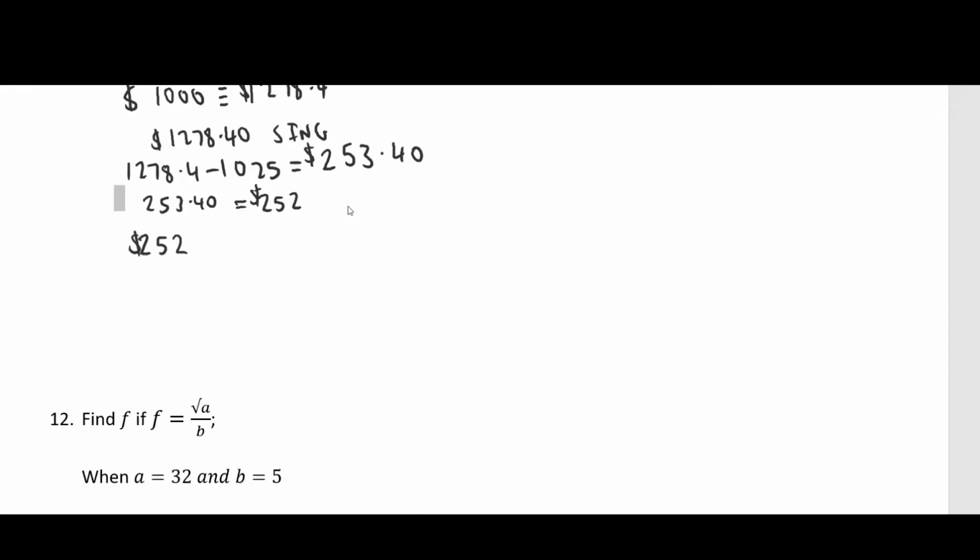All right, so before, we know that 1 Australian is equivalent to 1.2784 Singaporean. So we have here 252 Singaporean. I want to find out what my equivalency is for Australian dollars.